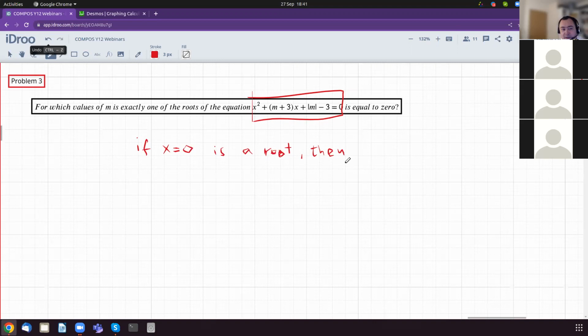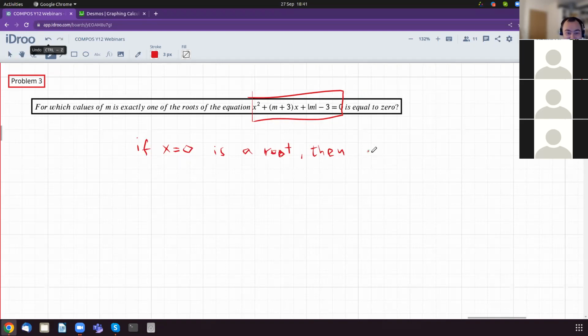Then we can factorize out x. Yes, like Sanan says, you can substitute 0 for x to find m, of course.